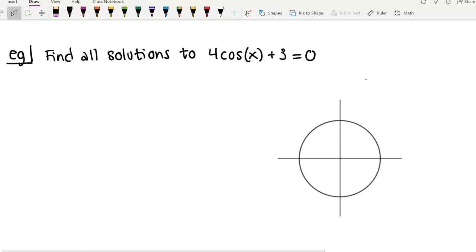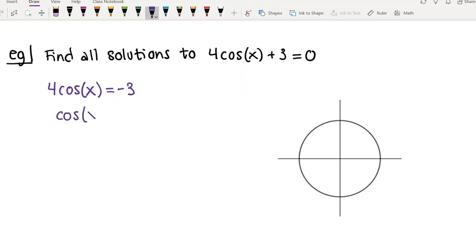So first step, like the other one, is to start by isolating cosine. So we get 4 times cosine of x is equal to negative 3. And then we divide both sides by 4 and we get cosine of x is equal to negative 3/4.